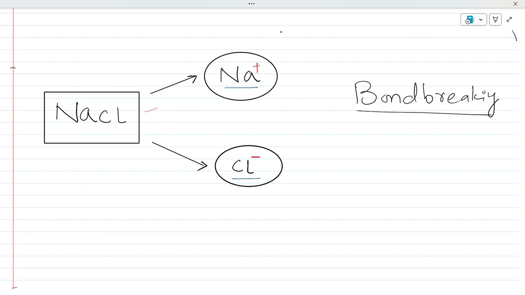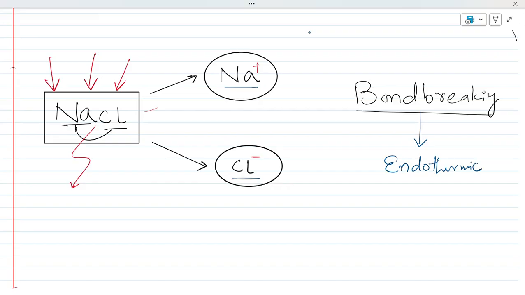Now as we know, sodium and chloride are combined together by an ionic bond. In order to separate them, we need to break this bond, and in order to break this bond, energy must be absorbed. So bond breaking is an endothermic process.